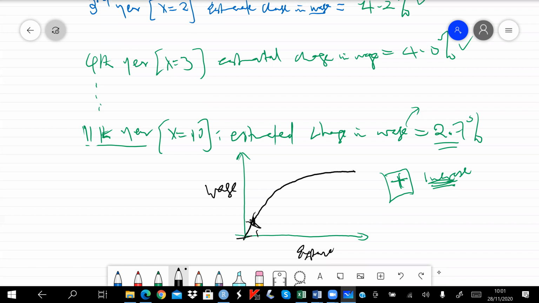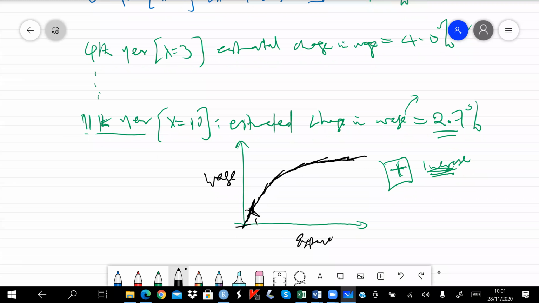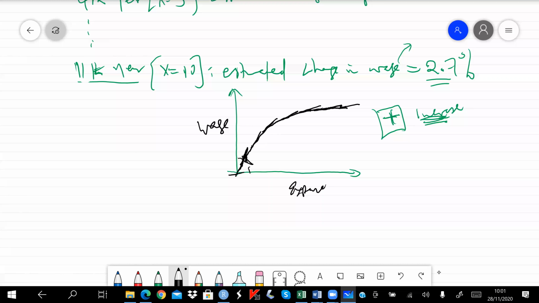For people who have just started work, their salary is increasing at a faster rate. But as they get more experience, the salary will always be increasing, but the slope decreases. It increases at a decreasing rate. So basically, that's how you would find the relationship between experience and the wage.